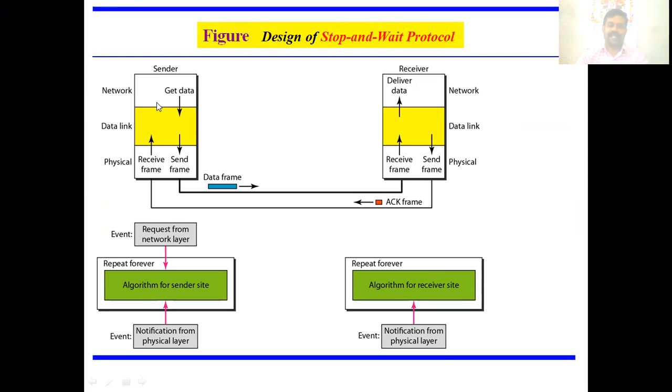If the network layer wants to send data, it gets the data, forms the frame, and sends it to the receiver, and the receiver, after getting the data, sends the acknowledgement. Here flow control is there, but there is no error control.